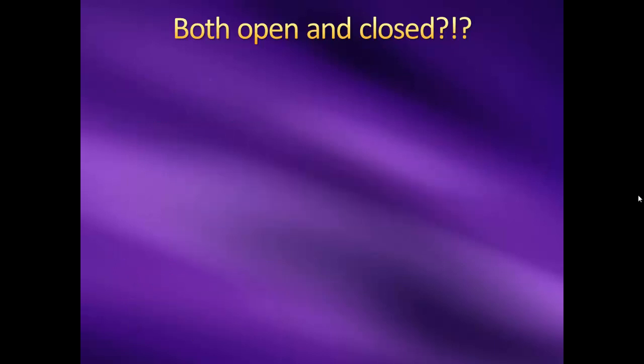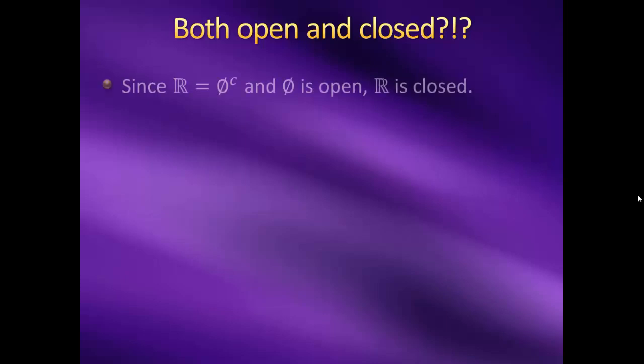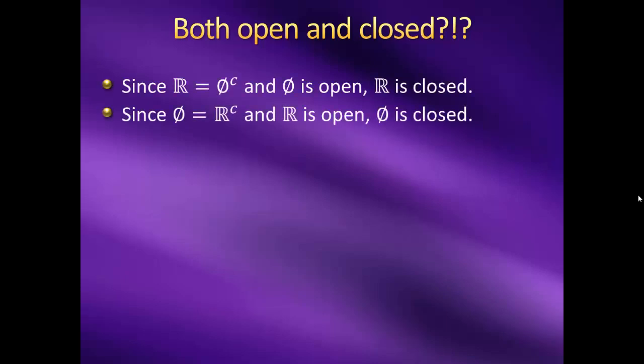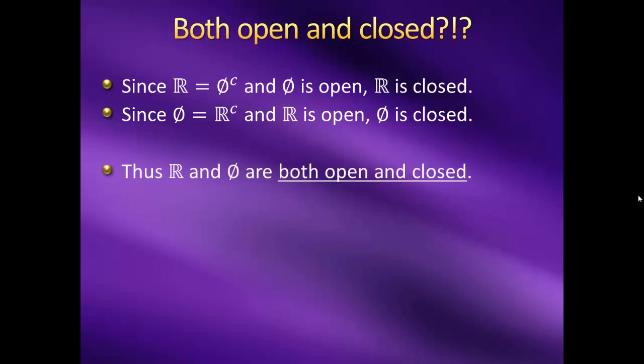But look, since the real line and the null set are complements of each other, basically think of them as everything and nothing, that implies that both sets are closed as well. So the real line and the null set are both open and closed. Now, topologists have a name for these sets. They call them clopen.